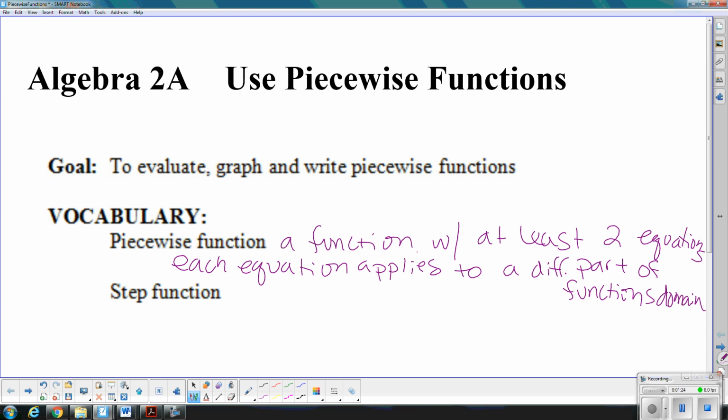And the second term we have is called a step function. A step function is a piecewise function, but with a step function, the graph looks like a set of stairs. The domain is continuous, and so the definition of step function is that there is a constant value over each part of the function's domain.